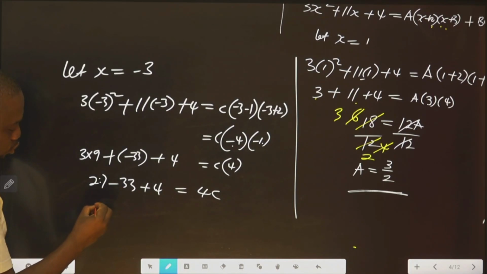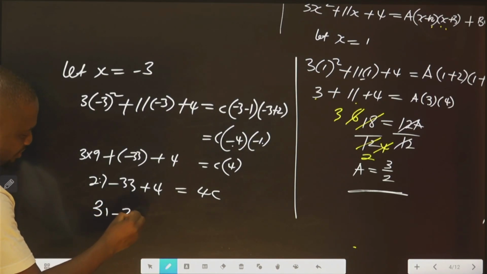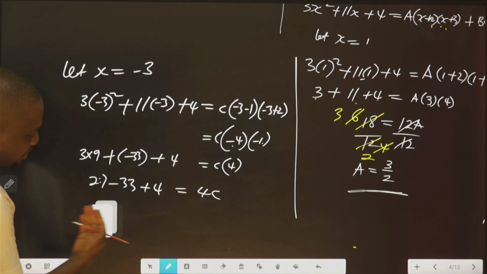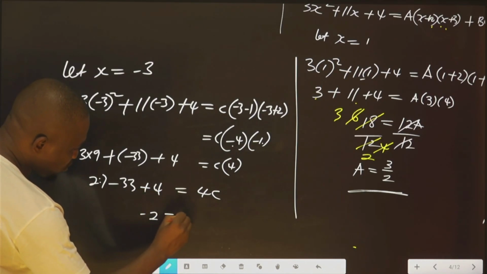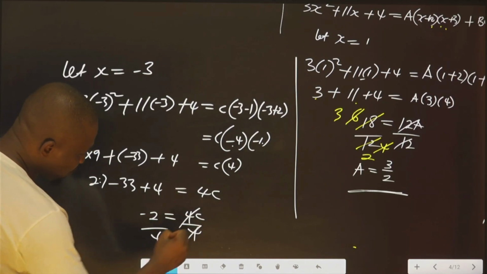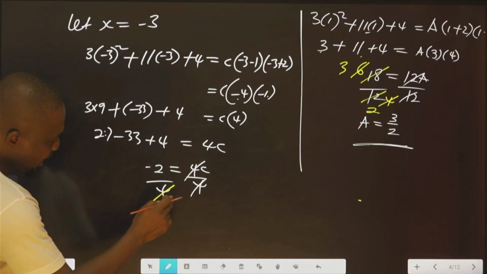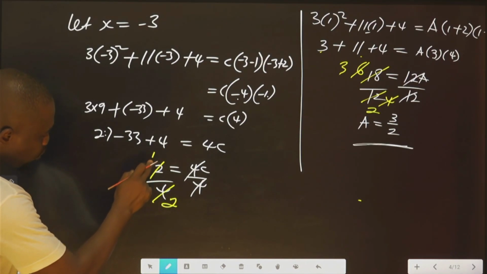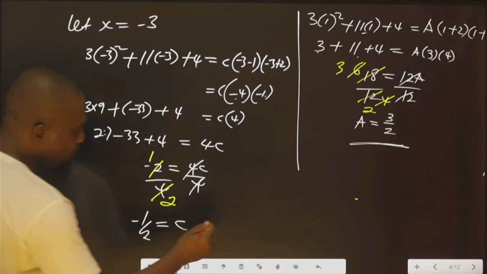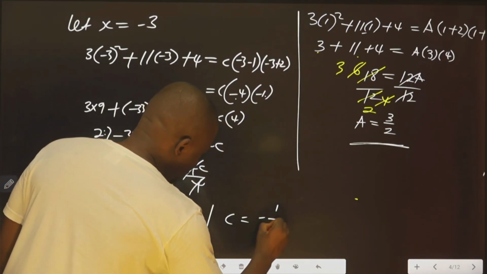This and this will produce 31 minus 33. This will produce minus 2. It means therefore we're going to have minus 2 here equals to 4c. Divide both sides by 4. This and this will cancel. You agree with me? 2 here is 2. 2 here is 1. That is minus 1 over 2 equals to c. So c therefore is equal to minus 1 over 2.